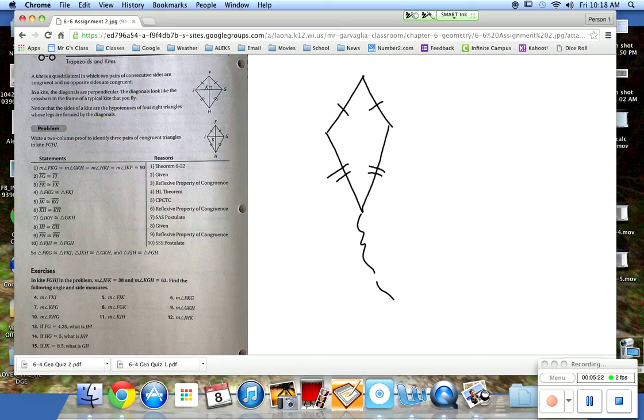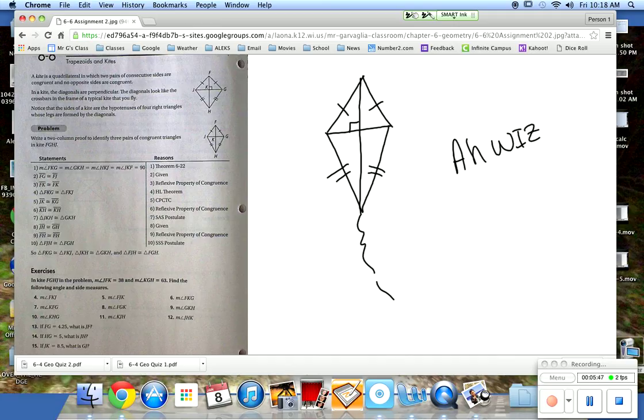Here are some other things. If you make the diagonals, these diagonals will always be perpendicular. Always. That's the thing you have to notice.